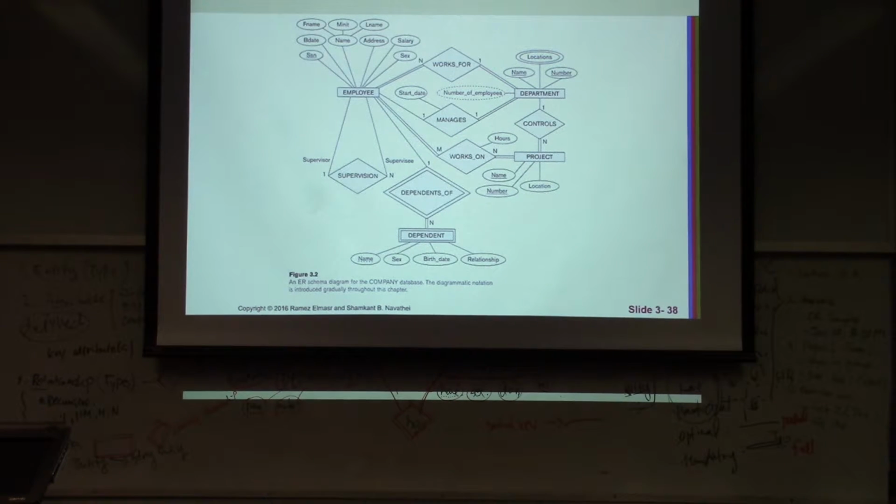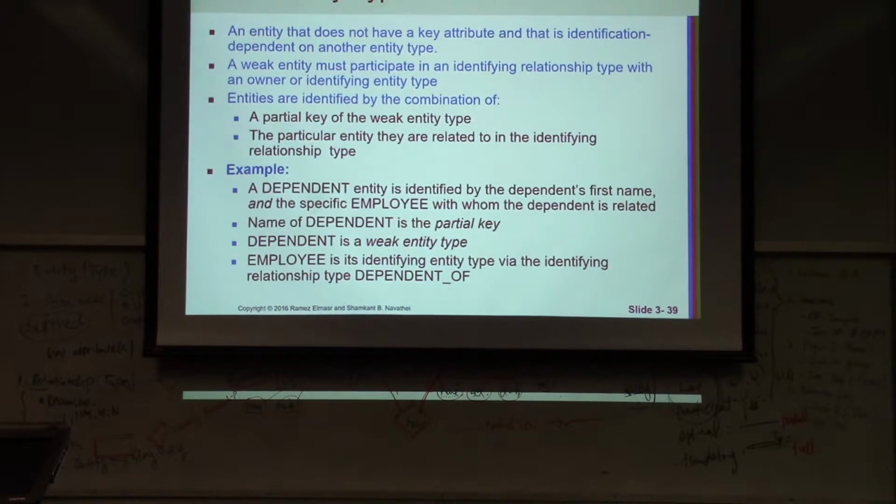The CEO does not have a supervisor because they are at the top of the HR tree, so it's optional. And the newest employee may not have a supervisor yet, so it's optional, and so on.